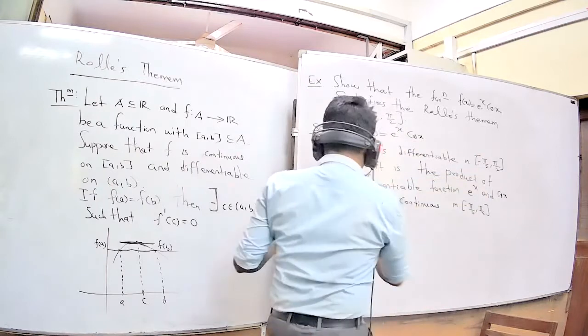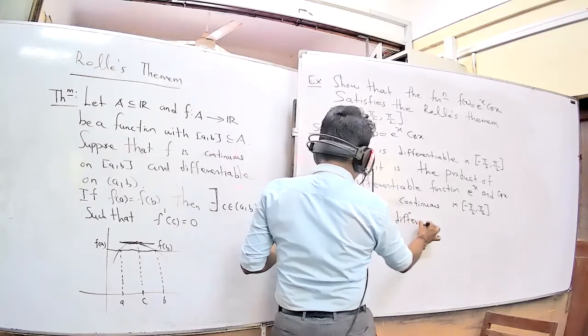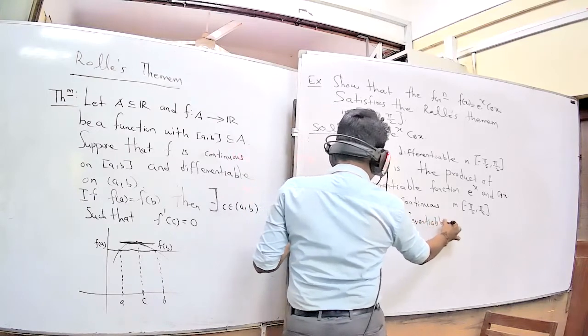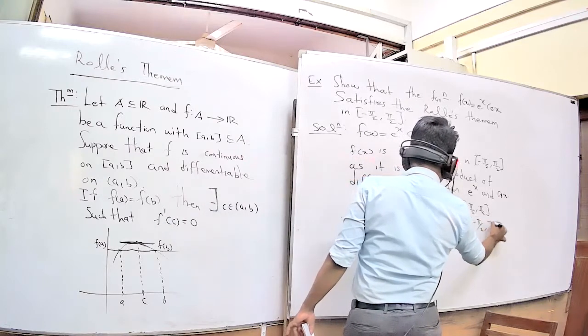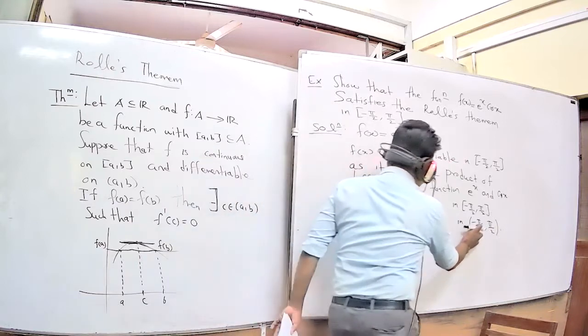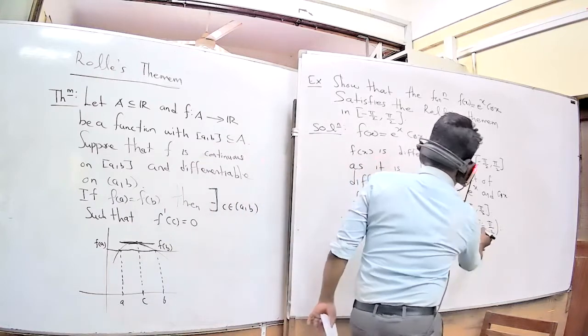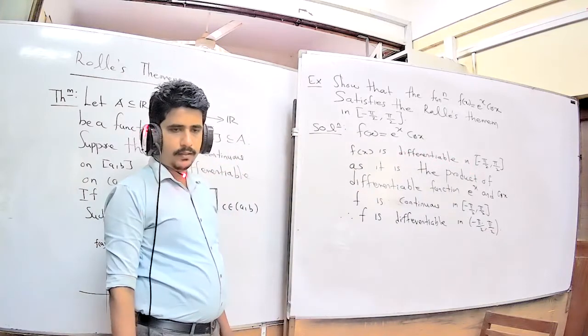Therefore, f is differentiable in the interval minus pi by 2 to plus pi by 2.